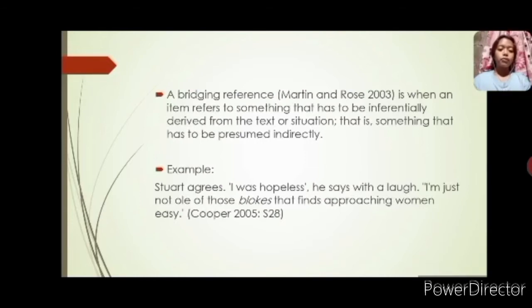So, from the example, the author assumed that we are not told which books he is referring to, but the author presumed that we can indirectly derive this.